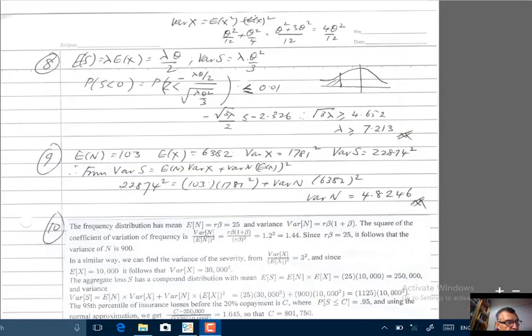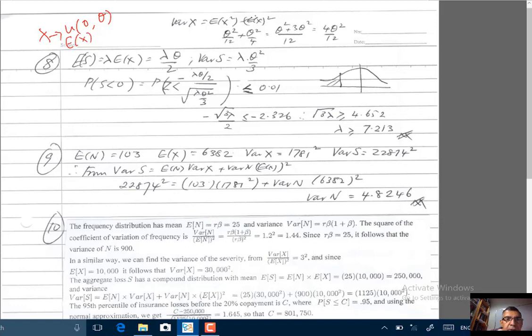Number 8, the normal approximation is applied to a compound Poisson distribution with Poisson parameter lambda. The severity random variable is uniform on the interval 0 to theta. So X is uniform 0 to theta.